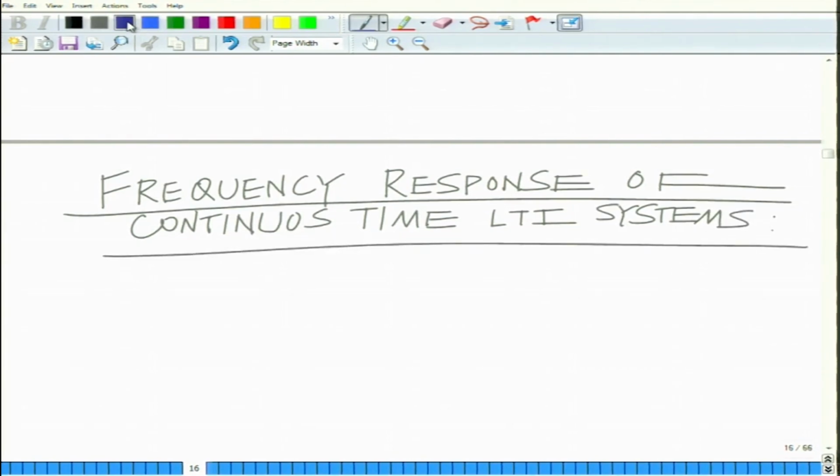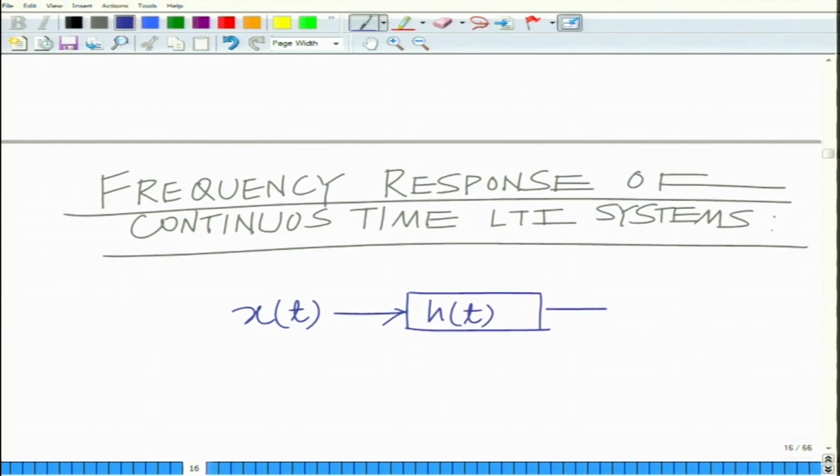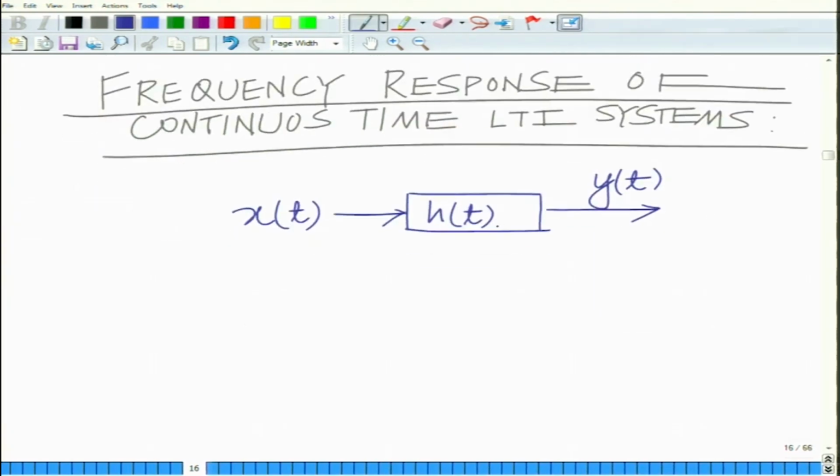So, let us say we have a signal x of t which is input to an LTI system with impulse response h of t. So, this is my schematic of an LTI system, and the impulse response of this LTI system is h of t.